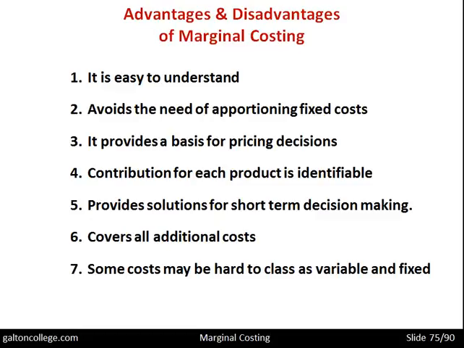So it's difficult to work out exactly what the variable cost of labour is included in the product. So sometimes there are issues about trying to work out if something is variable or fixed.